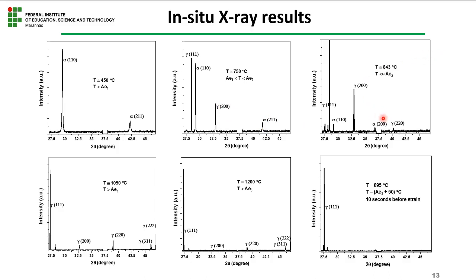And a little bit over the A3 line, we can see that the quantity of ferrite decreased. And above the A3 line, we have only austenite. At the austenitization temperature, we have only austenite as well. And we decrease the temperature to the tested temperature, 50 degrees above the A3 line. We had only the austenite phase field.